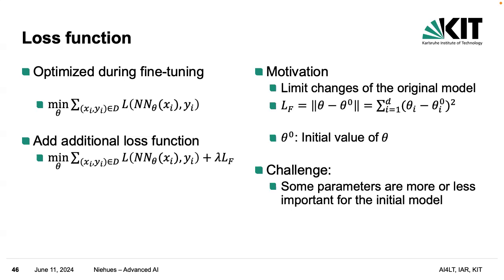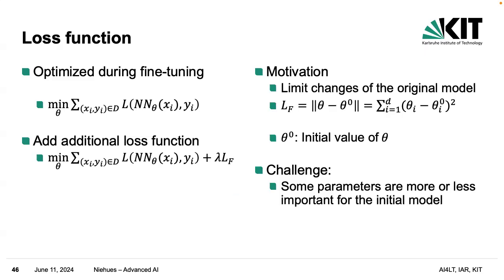We try to limit our changes, and we can do that by looking at the difference between our initial model and the current model. The model is mainly represented through its weights. So the weights are just like a large vector of all the possible weights, and then we can take the difference. A decent estimate of how different two models are is calculating the difference between the weights.